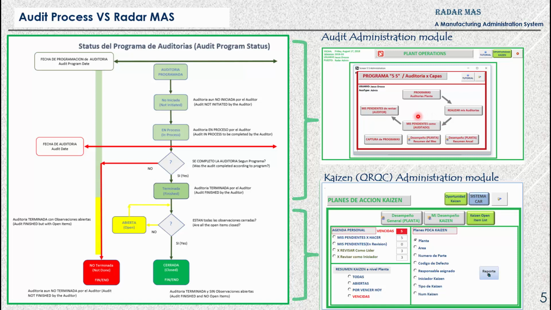As area responsible, you make sure that your open items that have been opened by an external auditor are properly followed up and closed. And as auditor, you make sure that the observations that you open during your audits are timely closed by the area responsible.